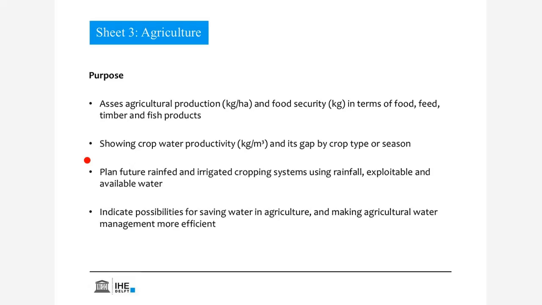It can be a good instrument to help you plan for future rain-fed or irrigated systems by looking at this together with the information in sheet 1, where you have the exploitable and available water, and it can help you to identify possibilities for saving water in agriculture. So ideally, you can use this as a way of making agricultural management more efficient.